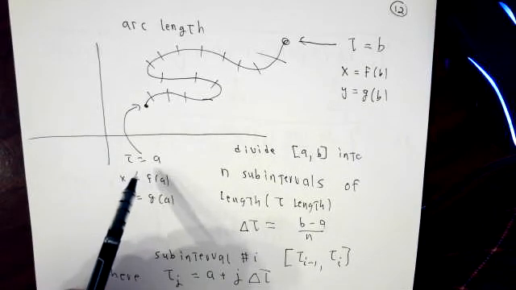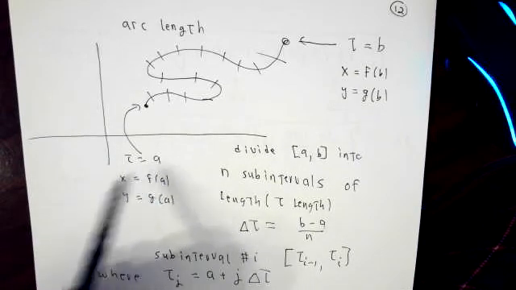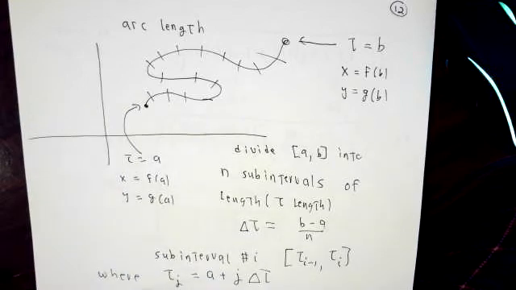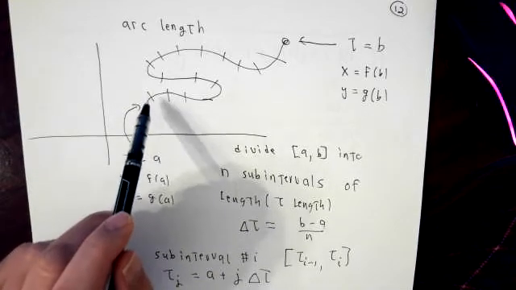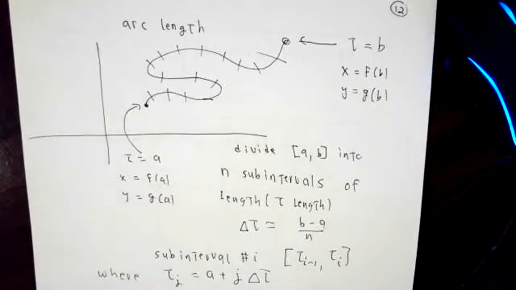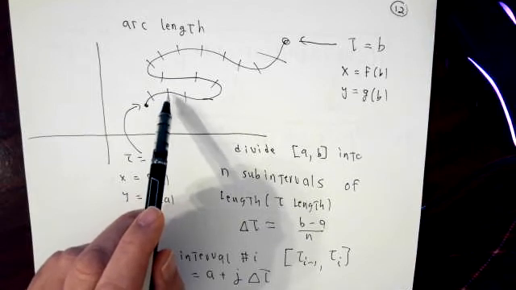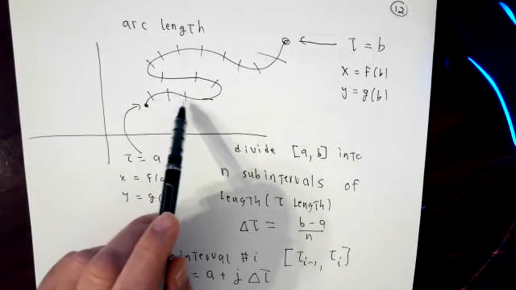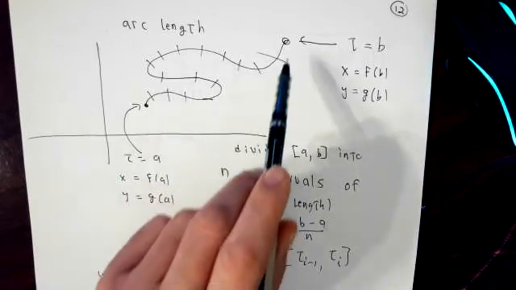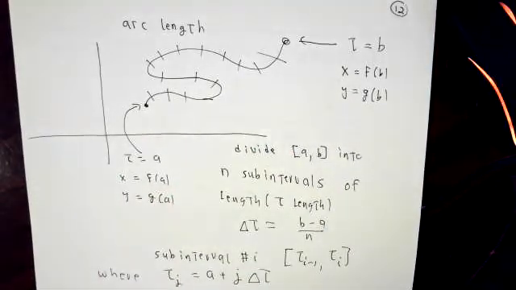So this is t equals a, which back in chapter 7 we would call t number 0. This is the point on the graph that corresponds to t number 1. This is the spot on the graph that corresponds to t number 2, t3, and so on. T equals t number n is the end point.